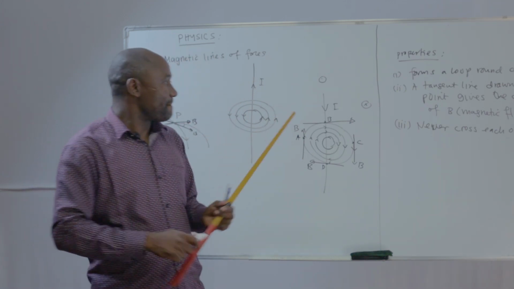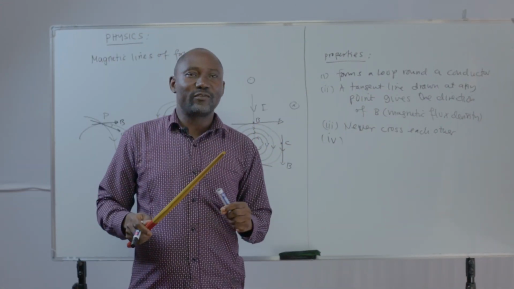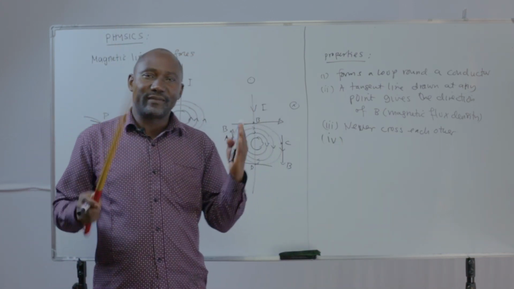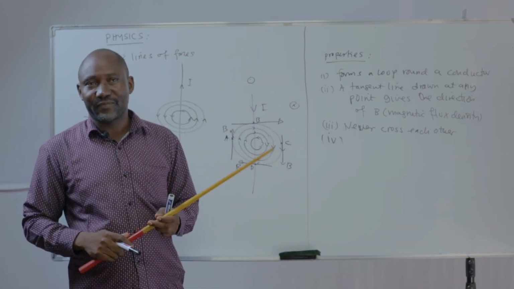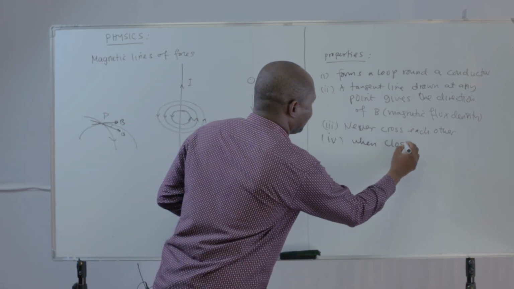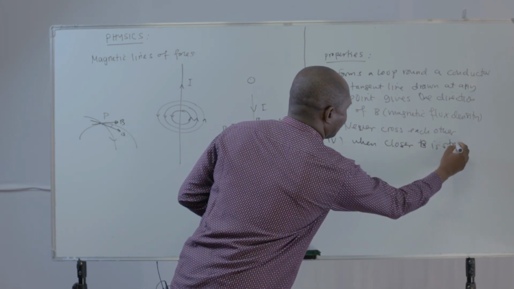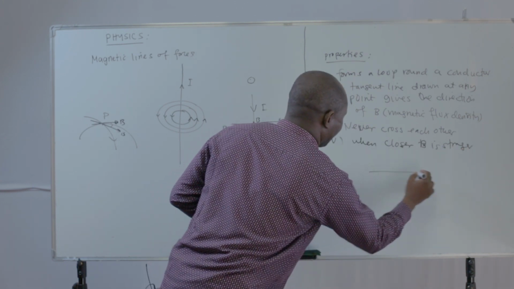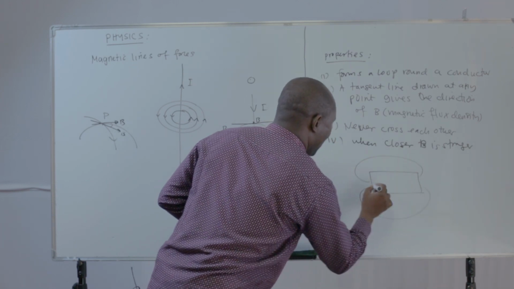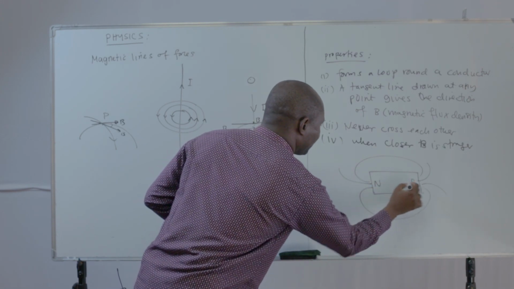Property number 4, as we did in your class: when the magnetic line of forces are close to each other, the strength of the magnetic field is very high. That's why, if you remember, we had this question about line of forces.